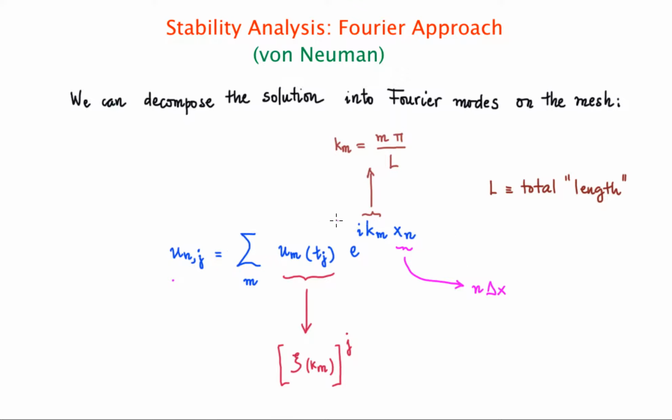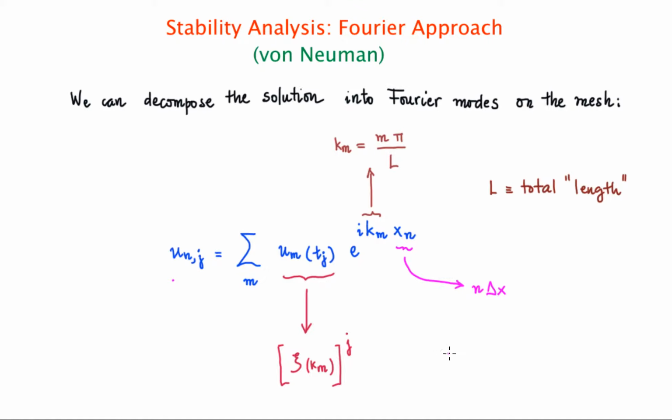And as our partial differential equations are linear, we can consider each mode, each term in this sum, independently, and that's what we are going to do next. But just before doing that, it's important to remind you that the exponential of an imaginary number is a sum of a cosine and a sine.